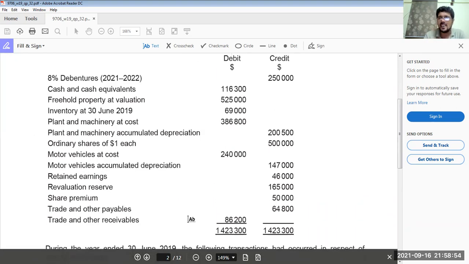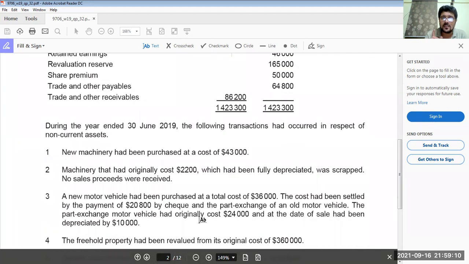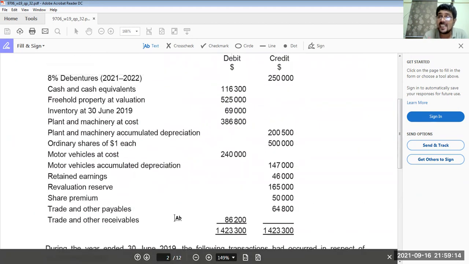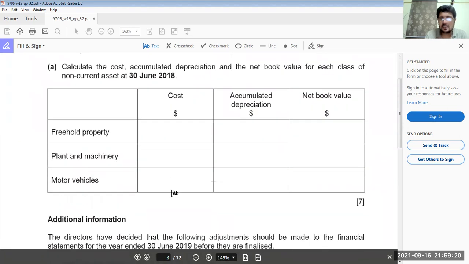You have to make that table in required A, and compute the value of non-current assets 1 year before this trial balance. This trial balance is made on 30th June 2019, and you have to take out what was the amount of asset on 30th June 2018. So this is a table we have to fill.